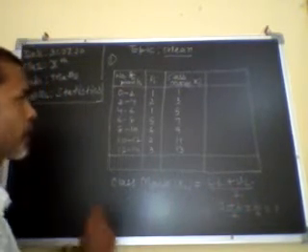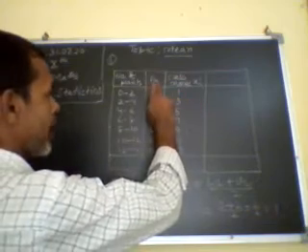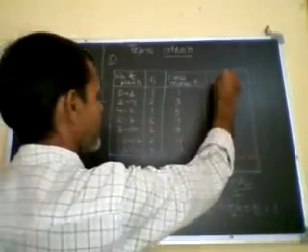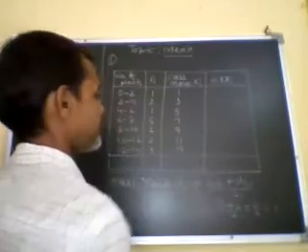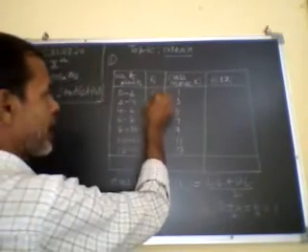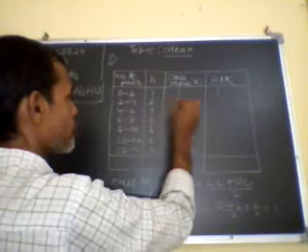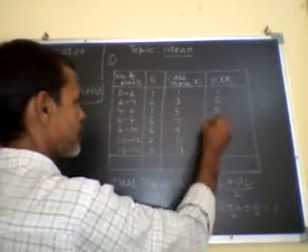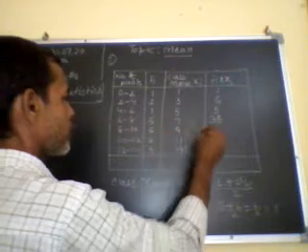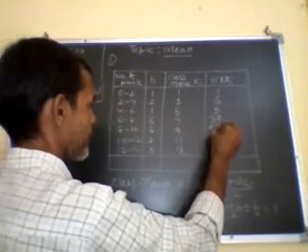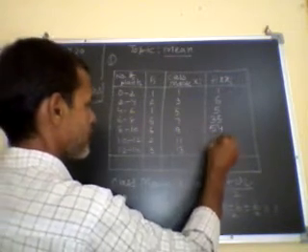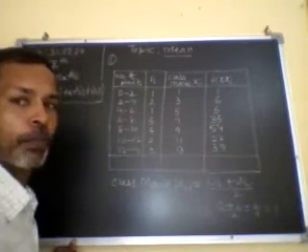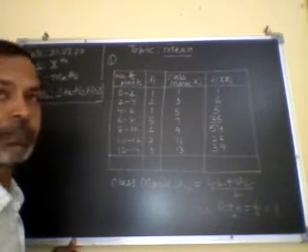Okay. Now when fi and xi are here, we have to find fi multiplied by xi. So 1 into 1 is 1, 2 into 3 is 6, 1 into 5 is 5, 5 into 7 is 35, 6 into 9, 2 into 11, 3 into 13. So we have to find fi xi.